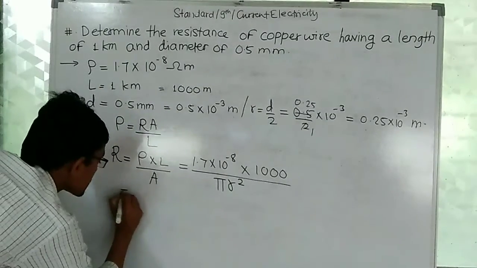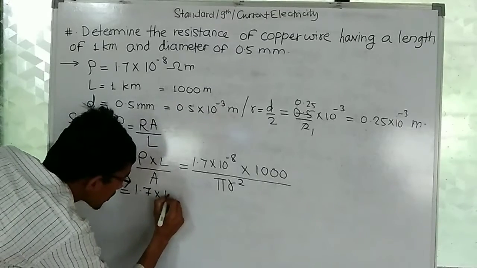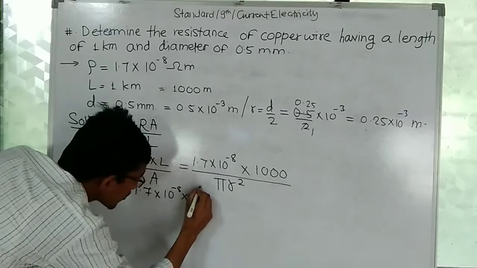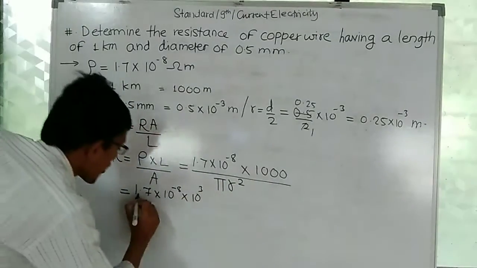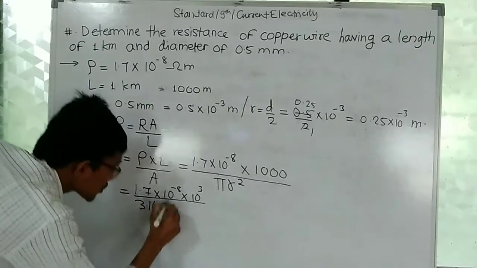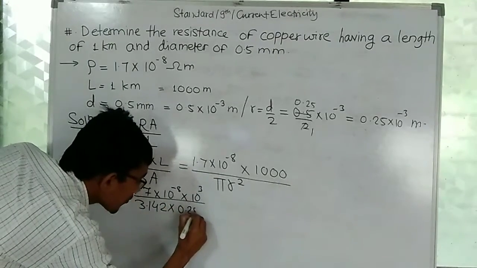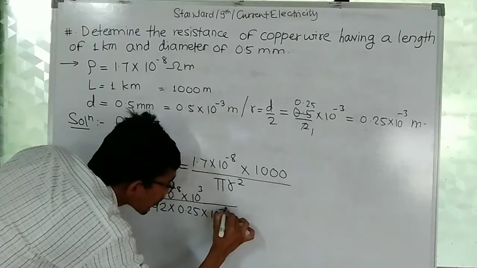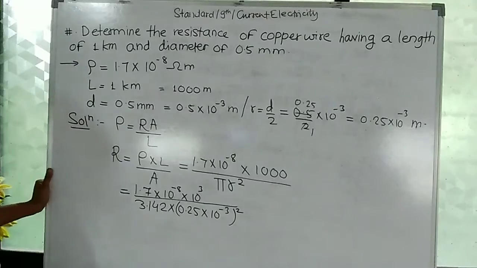So we will substitute the value now. So 1.7 into 10 raised to minus 8 into 10 raised to 3, 1000 can be written as 10 raised to 3, upon 3.142 into, what is the radius now? 0.25 into 10 raised to minus 3, squared.